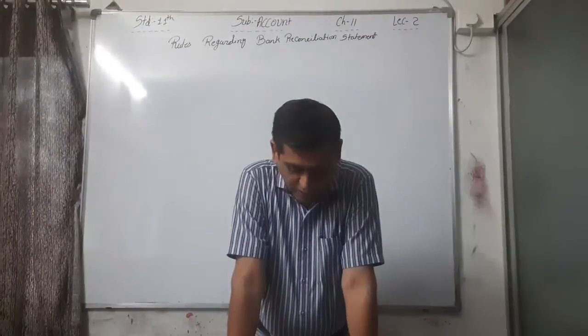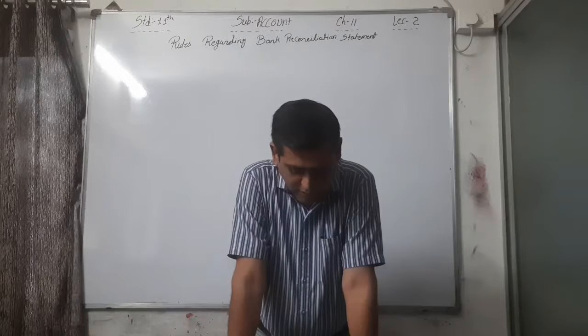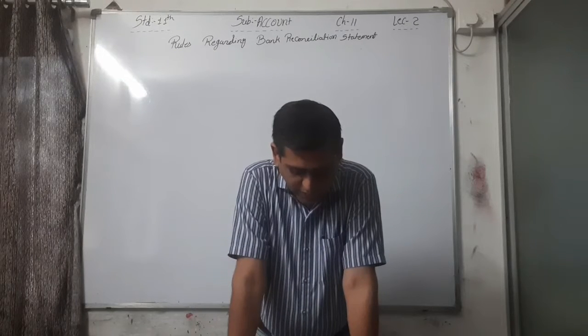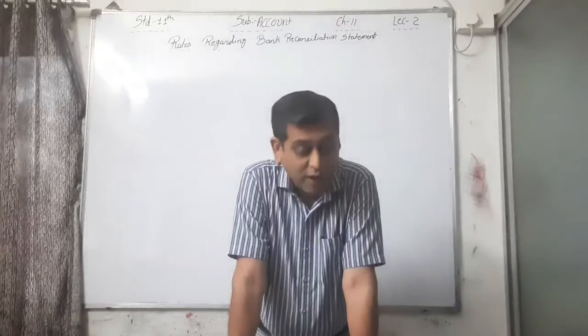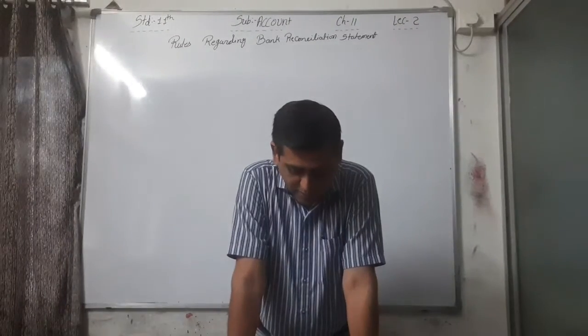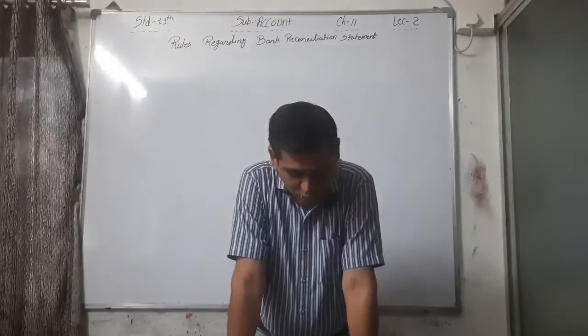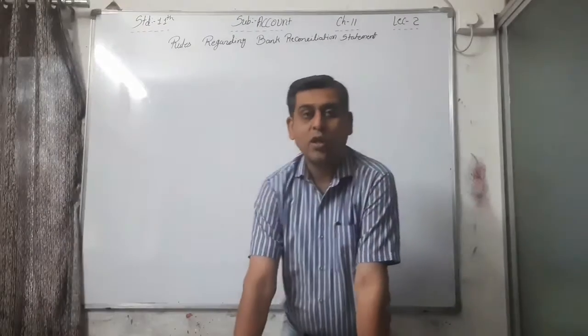For example, as on 31st March 2019, if the debit balance as per cash book, that is bank balance, is rupees 5,000, then on the same date the credit balance as per passbook, bank balance, must be 5,000.